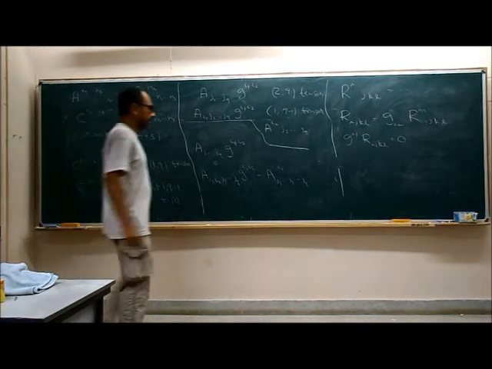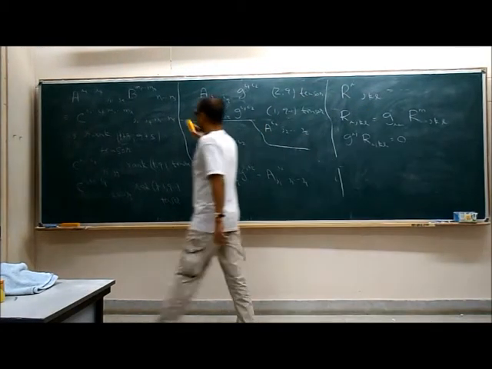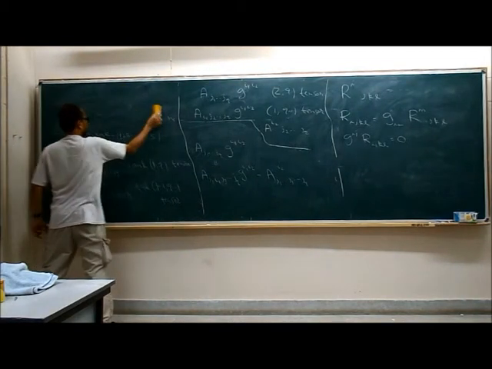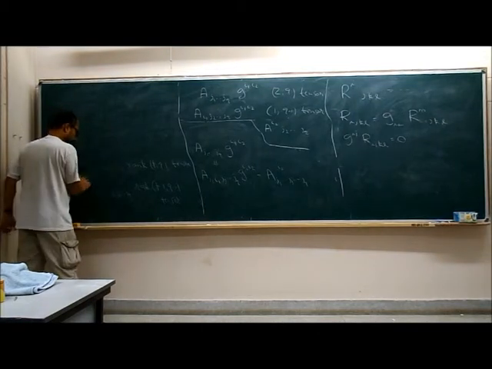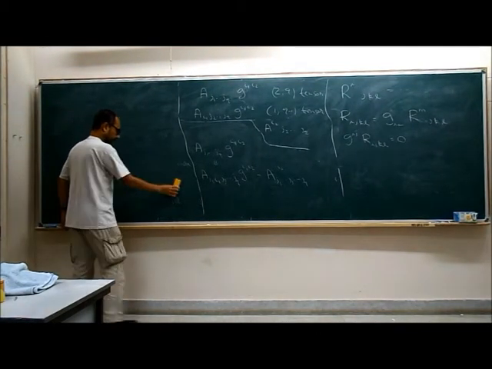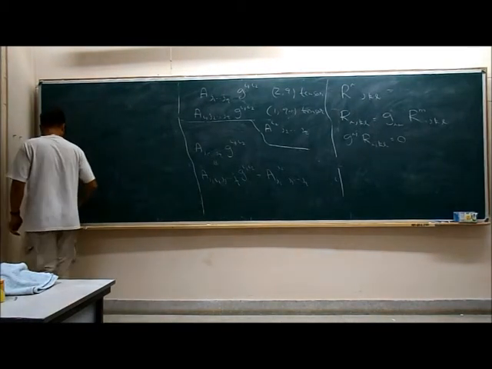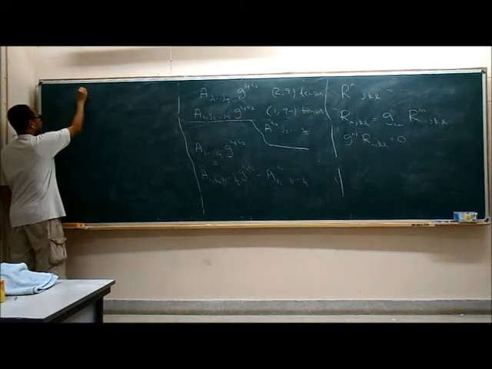Another notion which is sometimes useful is the identity tensor. Let me explain what it is. Delta ik.